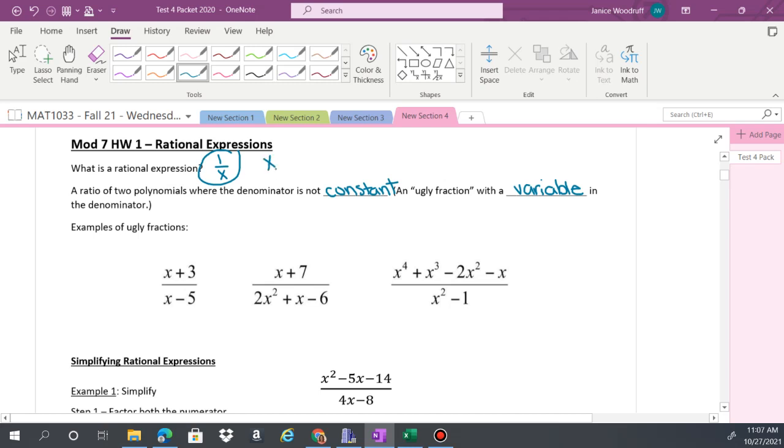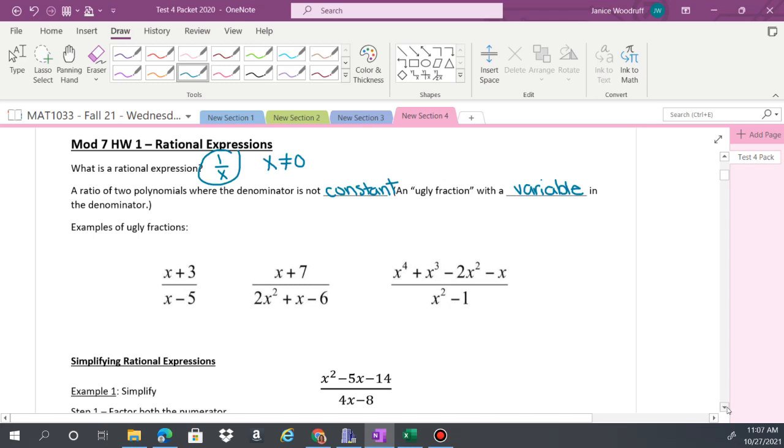Very good. So you're going to have restrictions of anything that would make a 0 in the denominator once we get to that solving piece, because we can't do that. These are special types of fractions. You want to look for what would make that denominator 0 when you start solving.